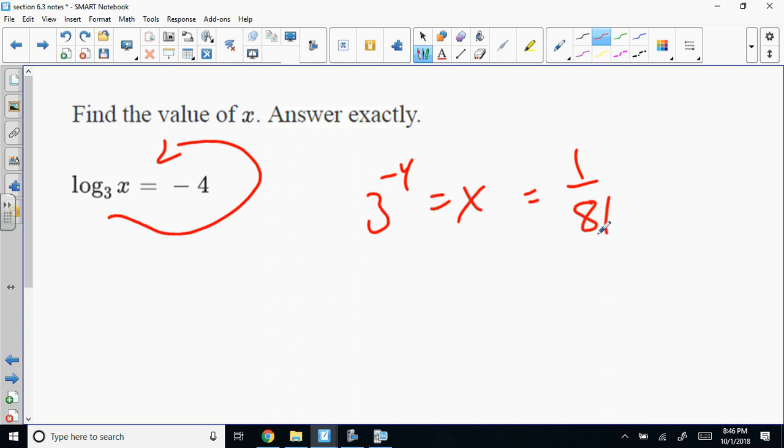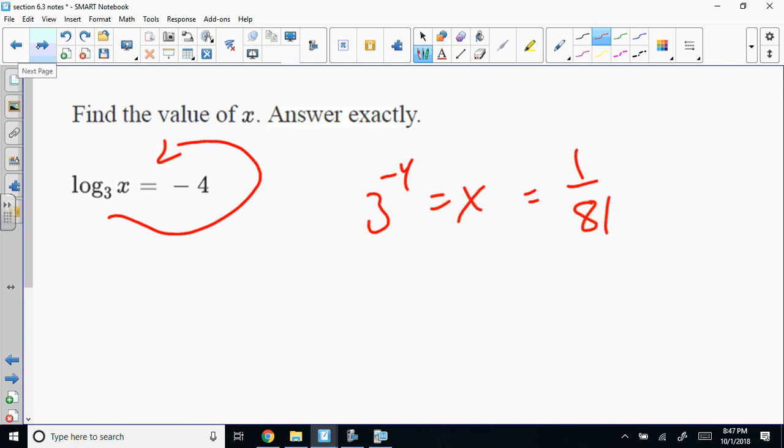You couldn't do change of base on this, could you? Because you don't have the "of," right? You have the base, but you don't have the "of." The "of" is what we're solving for. So change over to exponential form. It allows you to solve it. So 3 to the negative 4 equals x. So 3 to the negative 4 is, not 1/8, 1/81. All right, 1 over 81.